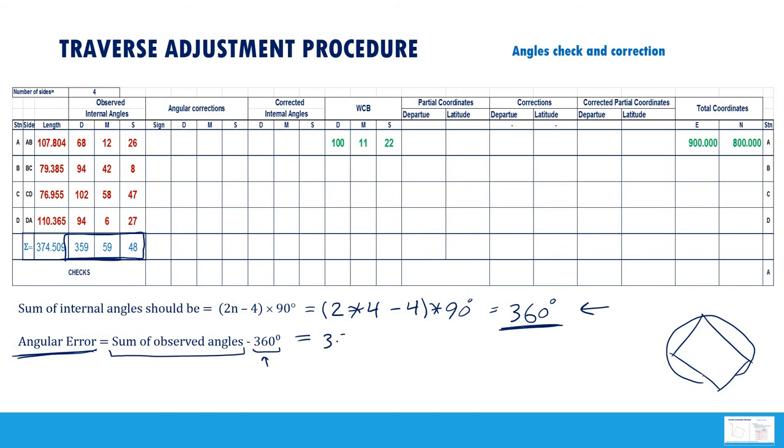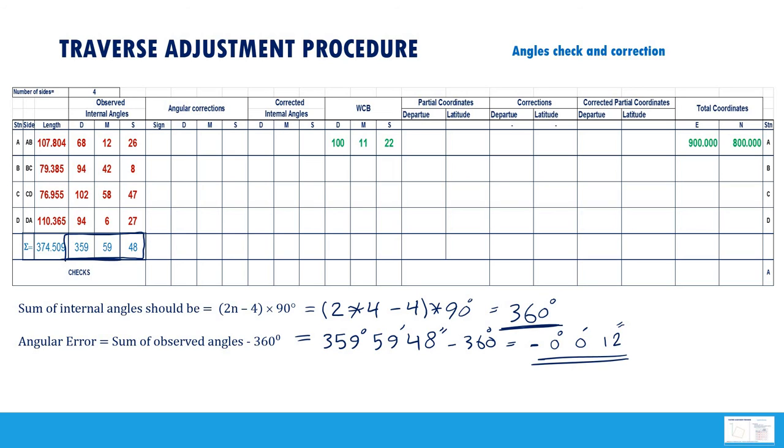So 359 degrees, 59 minutes, 48 seconds minus 360 degrees, and the answer in this case would be minus 0 degrees, 0 minutes and 12 seconds. So this is the error that I made when I measured these four angles using the total station, which is 12 seconds in this case.